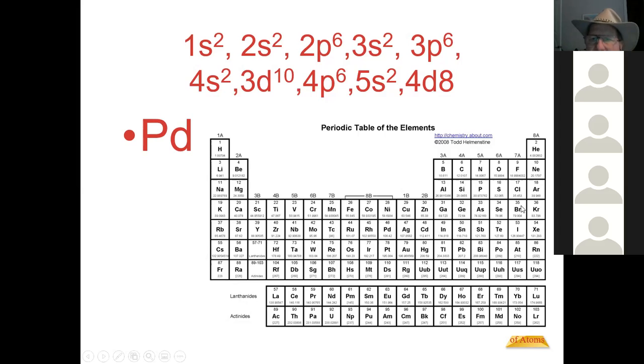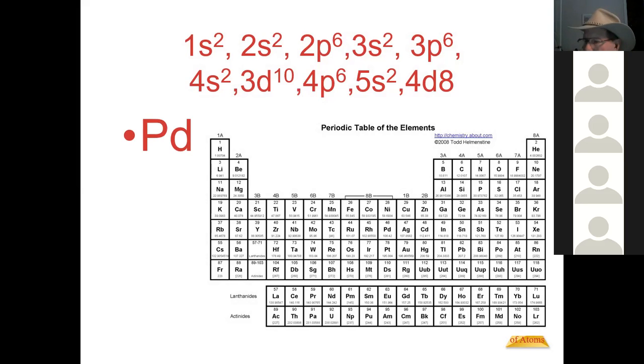If I put krypton in brackets, I'm saying the configuration for krypton is up to this point, from 1s2 to 4p6, which would otherwise be written out longhand each time. I want to do this the easy way because I'm lazy. I'm going to say bracket Kr bracket, 5s2, 4d8.